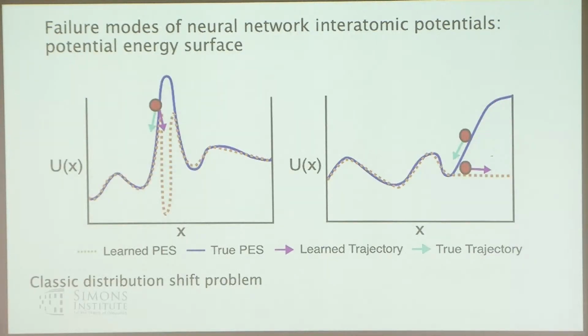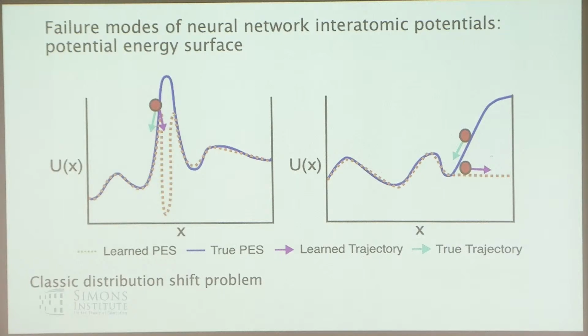Another way to think about this is with a perspective on the potential energy surface. This is just a schematic, not precisely what actually happens, but we hypothesize that in one case, you may have learned a potential energy surface, but when you run that simulation, you're landing in a regime that you've never seen, and so the simulation just blows up.